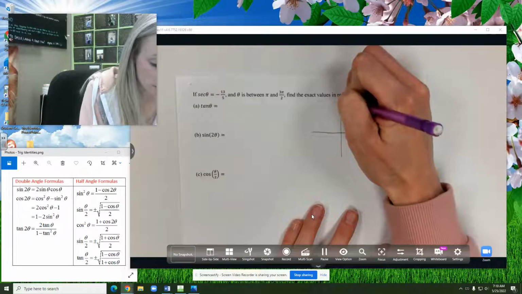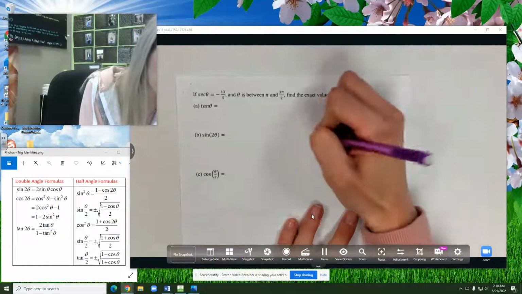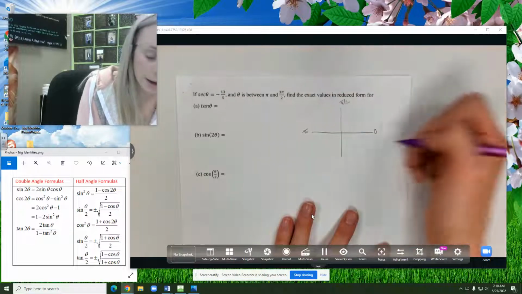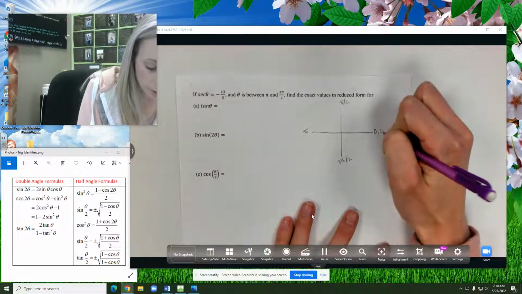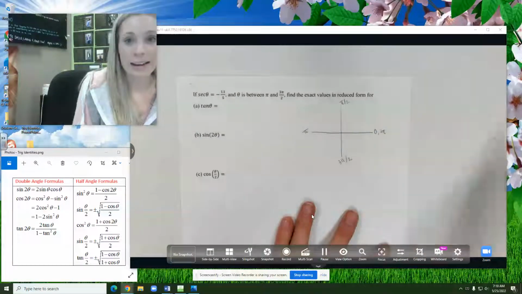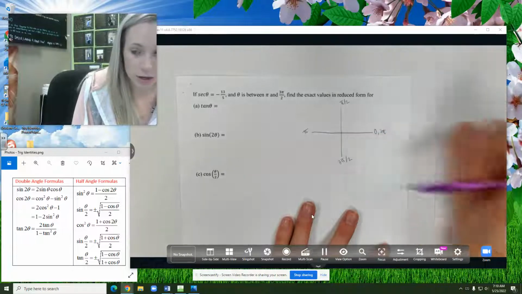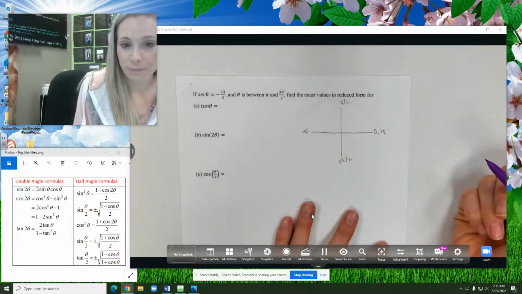This was always pi over 2. Unless you're rotating the other way, this is positive pi over 2, this is positive pi, this is positive 3 pi over 2, and as you go around, this is 2 pi, and then you could keep going around adding another pi over 2 each section. But this quarter rotation is pi over 2.